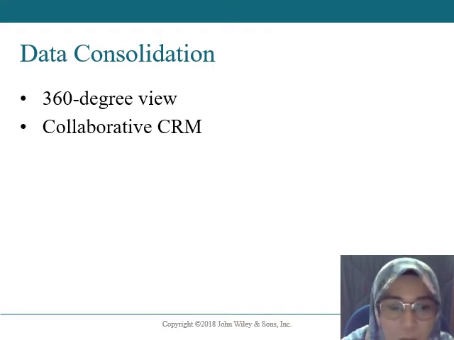Okay, so this data view of the customer enables the organization's functional areas, if you still remember, to readily share the information about the customer, which leads to collaborative CRM.